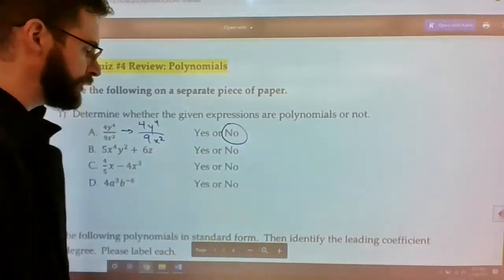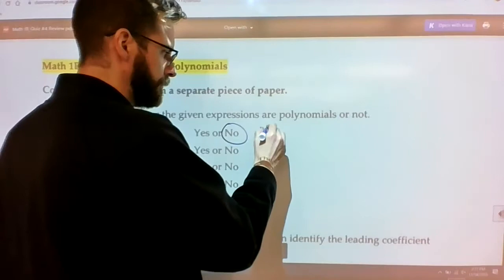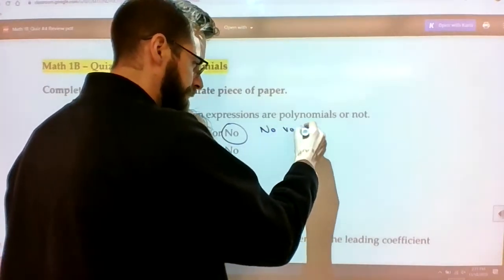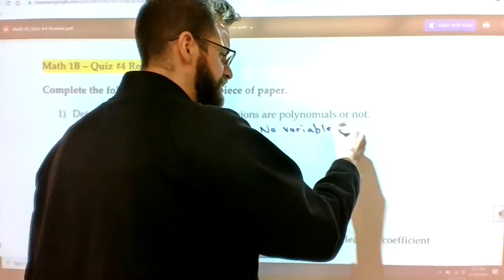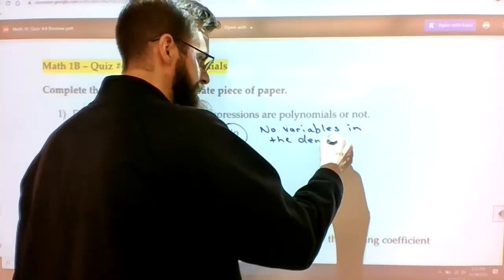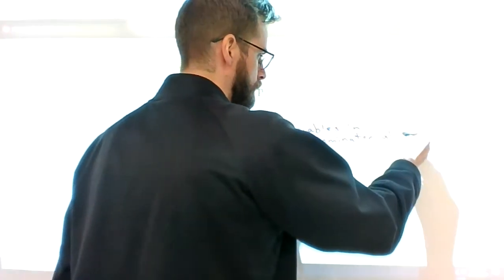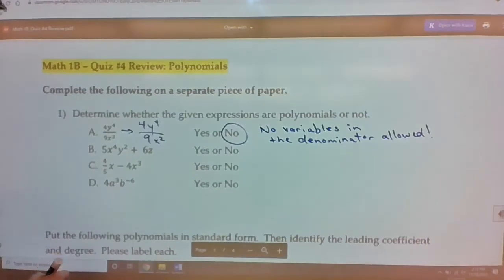This is not a polynomial because variables on the bottom are a no-no. No variables in the denominator of a fraction allowed. That's always a deal breaker for polynomials.